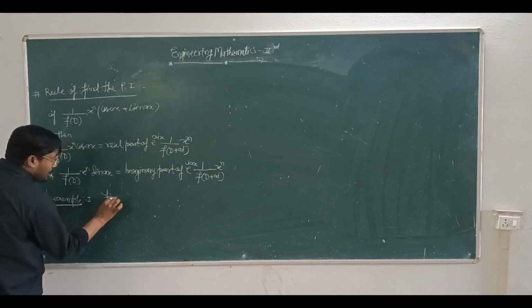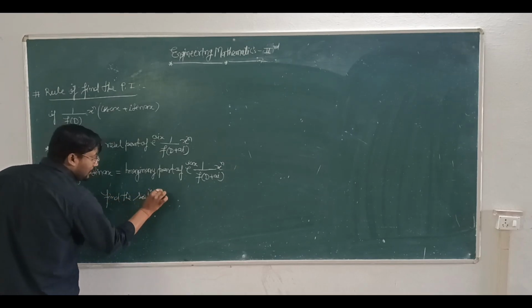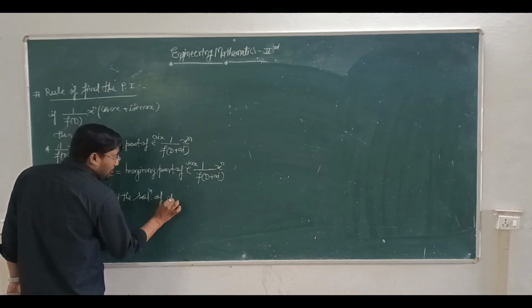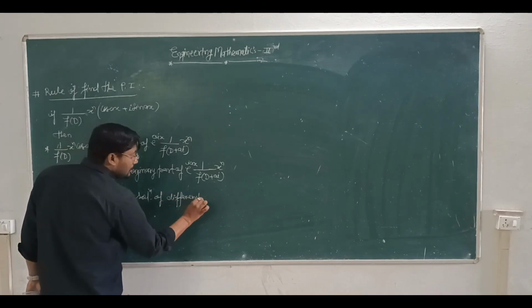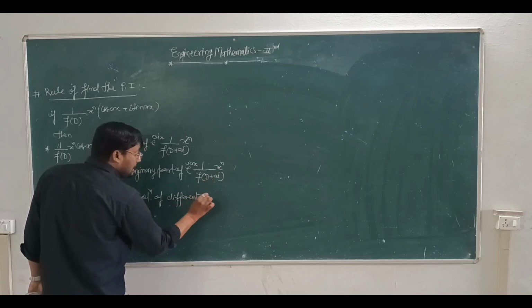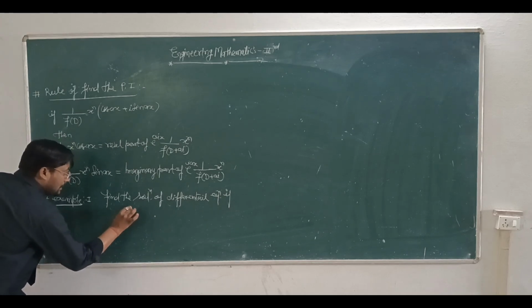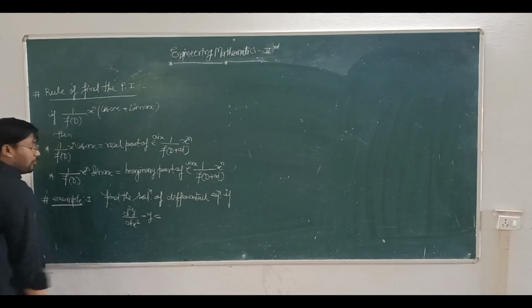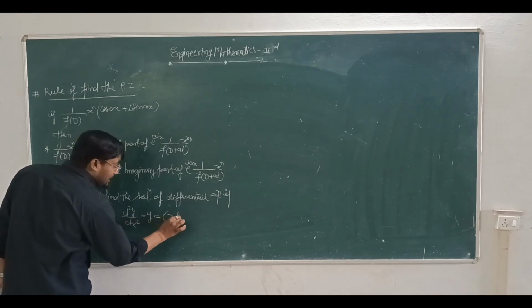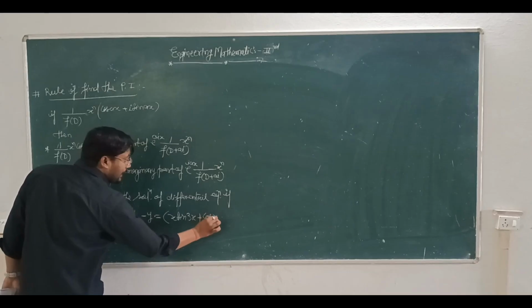Now first note down example number one. Find the solution of the differential equation d2y by dx2 minus y is equal to x sin 3x plus cos x.